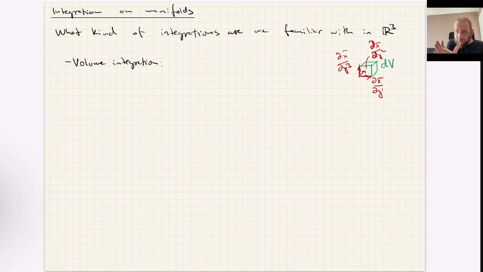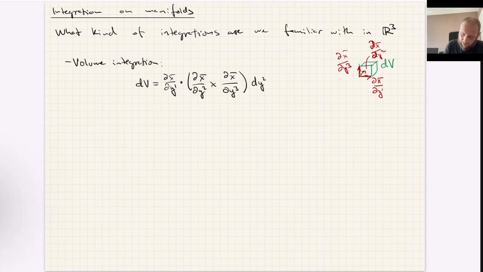If we span the volume by small changes in each of the coordinates, then dV is equal to the triple product of ∂x/∂y1, ∂x/∂y2 cross ∂x/∂y3, and then the differentials dy1, dy2, dy3. This triple product, you know that it describes the volume spanned by these vectors, and then you just multiply by the side lengths.